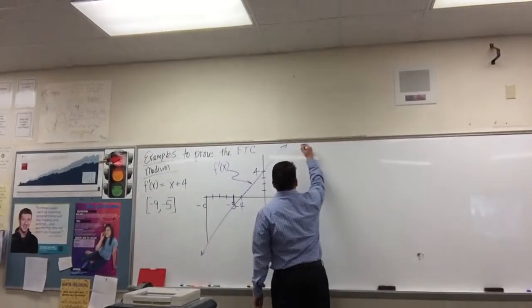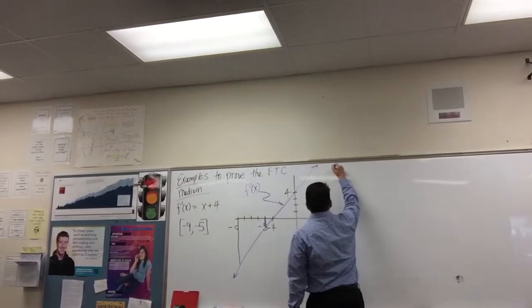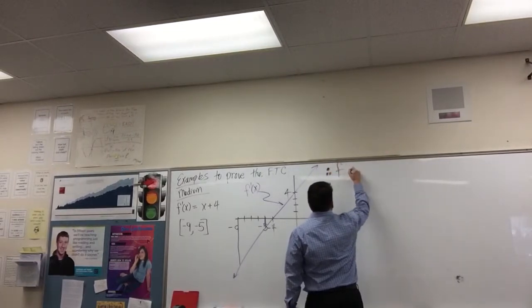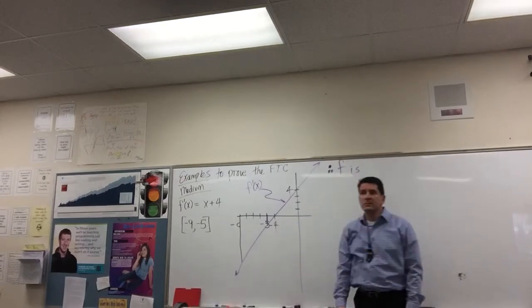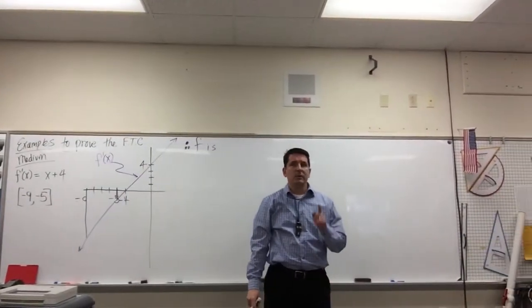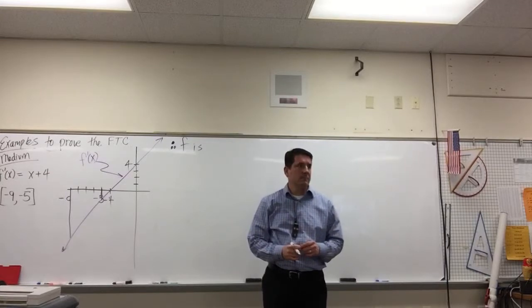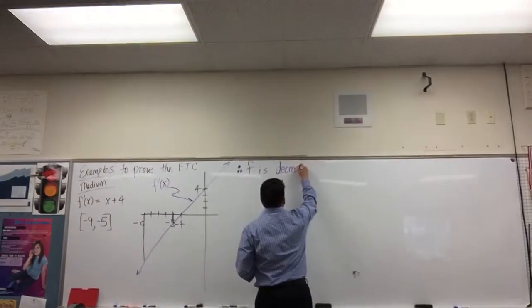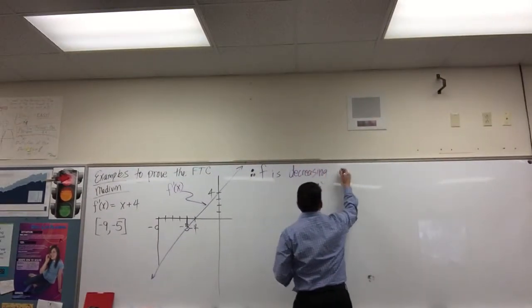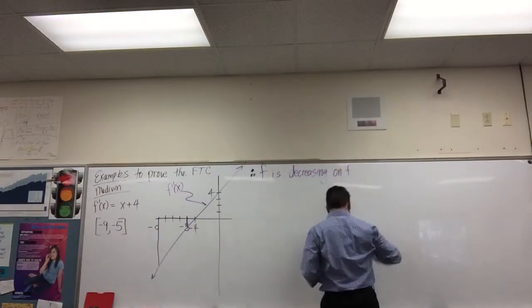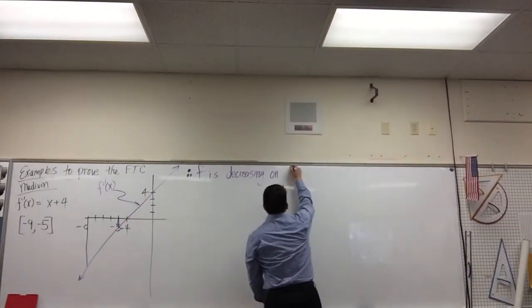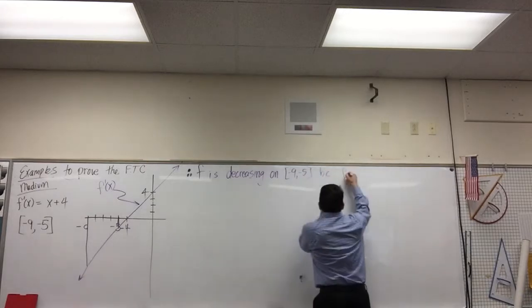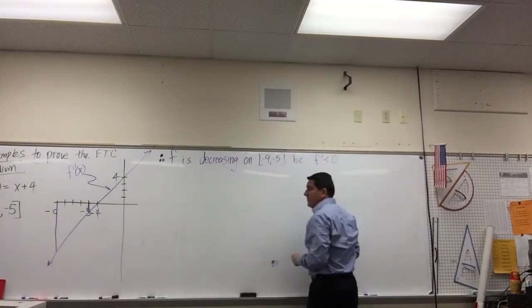So, the first question I ask you is, tell me about f. F is what? Decreasing. Okay? F, don't forget anything you learned first semester. F is decreasing on the interval from -9 to -5 because f prime is negative.